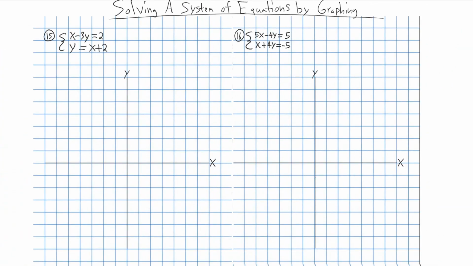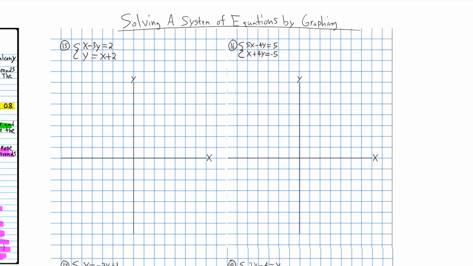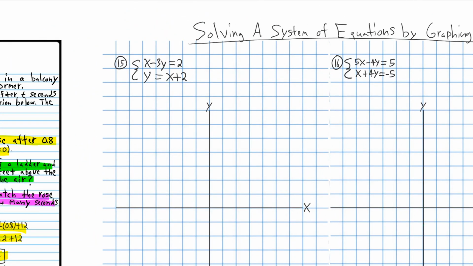Notice I have graphing paper, so we're going to do some graphing. In a previous class, we learned 2 ways to solve a system of equations, elimination and substitution. But there's a 3rd way to solve a system of equations, and that's graphing. That's when you take each of these equations and you graph them. We only learned how to solve systems where we had linear equations, so these are linear equations. Let's say I graph one of these equations.